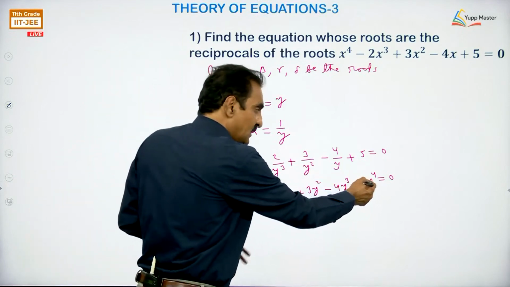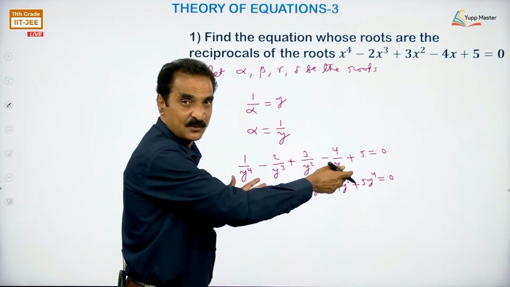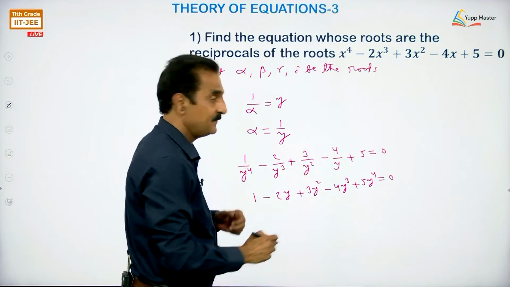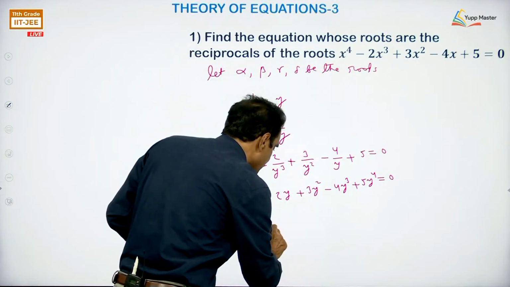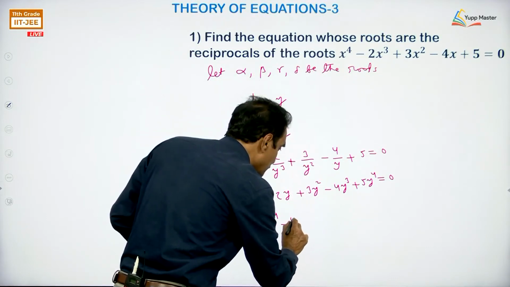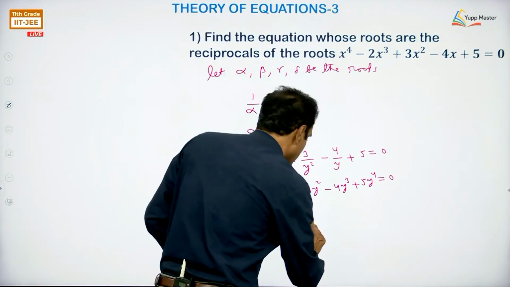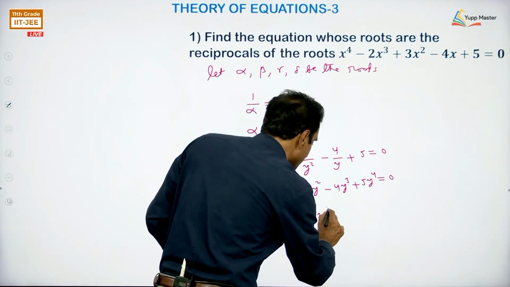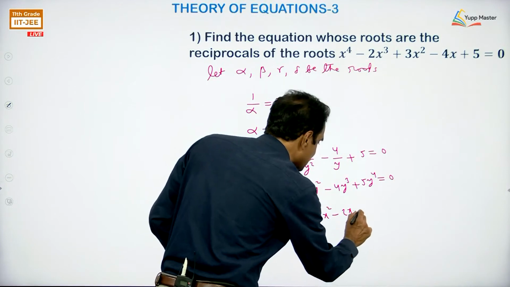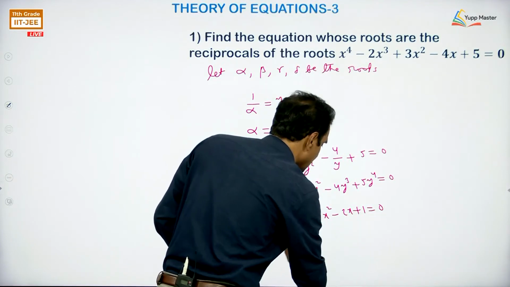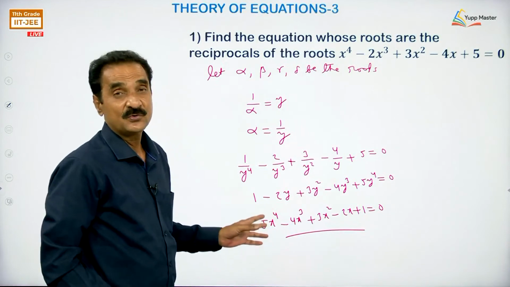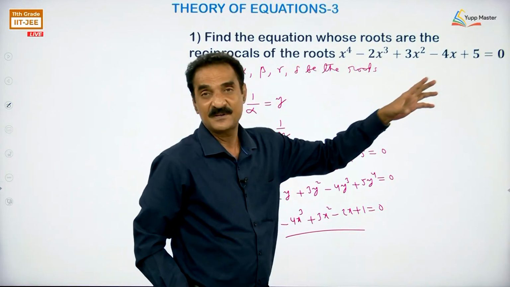So let us write it in a standard form. From highest degree to lowest degree: 5x power 4 minus 4x cube, replacing y by x, plus 3x square minus 2x plus 1. This is the equation whose roots are reciprocals of the roots of this equation.